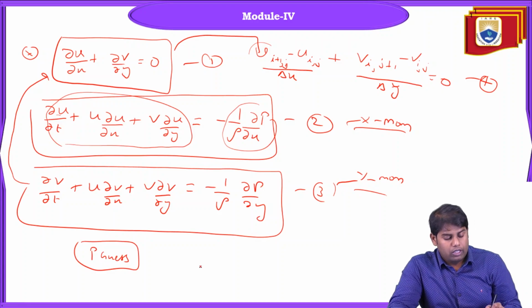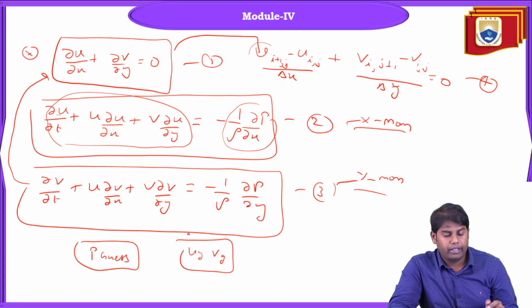How? Let's say we have u guess and v guess. The updated value of u is u guess plus u dash, the correction.